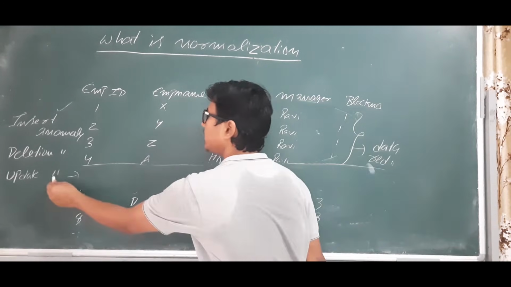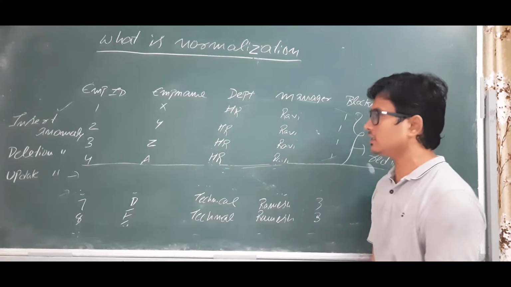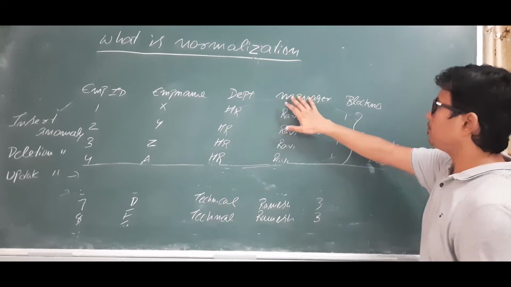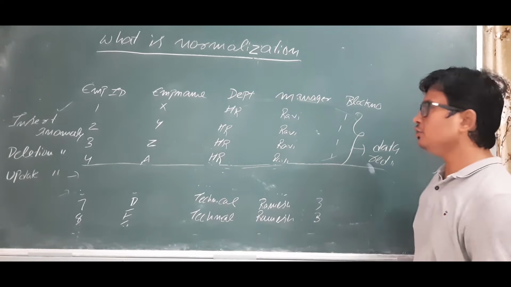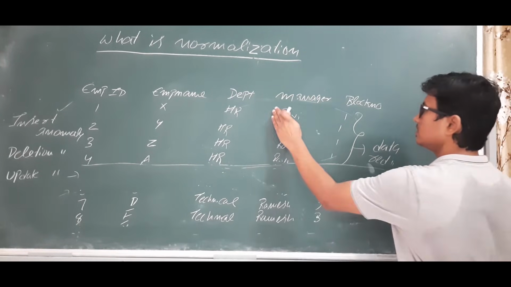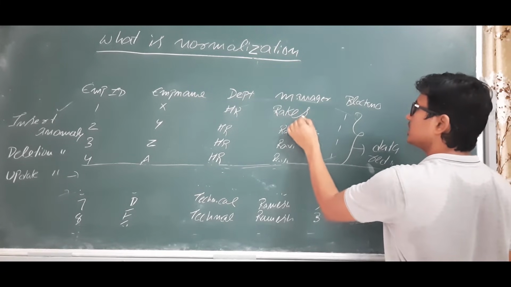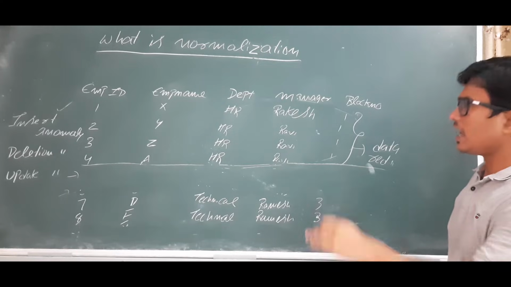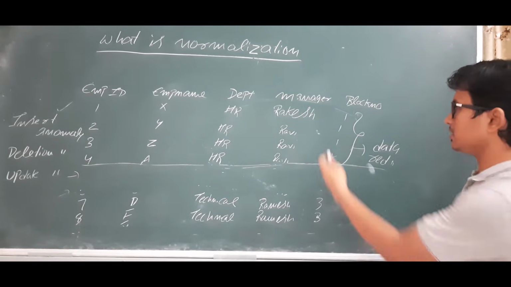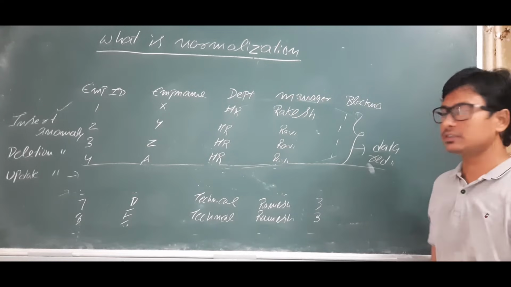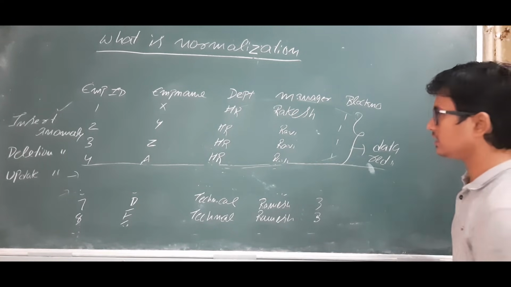And the next, update anomaly, is this. Let's take that the previous manager is Ravi. Now the new manager came as Rakesh. So the new manager appointed for the HR department is Rakesh. I asked someone to update this information because previously Ravi was working as manager, and now the new person has taken charge as Rakesh.